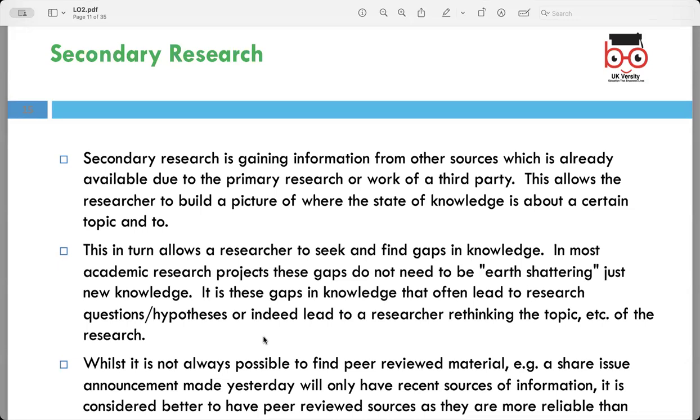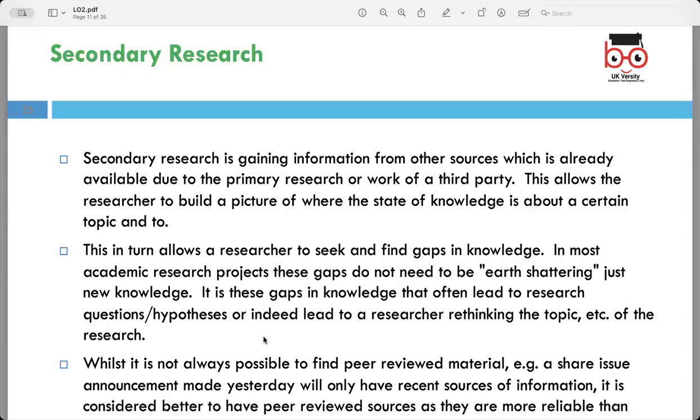It can also show you gaps in knowledge, areas that haven't been explored fully. These gaps often lead to strong research questions or hypotheses. While it is not always possible to find peer-reviewed sources, especially for very new events, you should try to use them whenever you can.